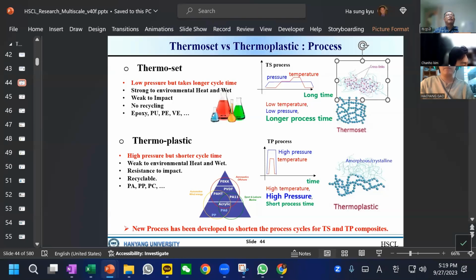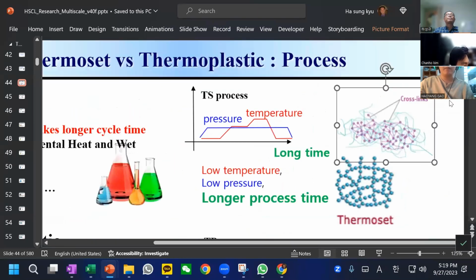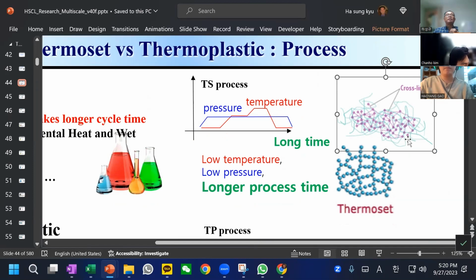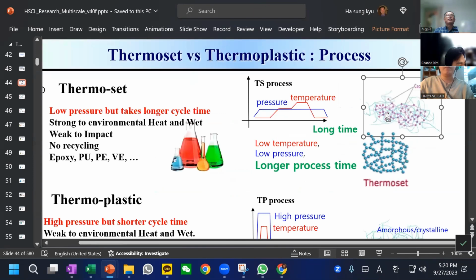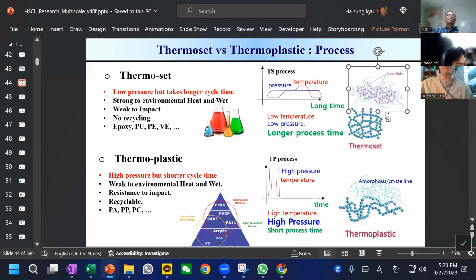In the chemical reaction, the polymer chains interact, which we call cross-linking, which makes it very strong. So the long polymer chains cross-link and become one solid part. They cannot be separated chemically, mechanically, or by any heat.